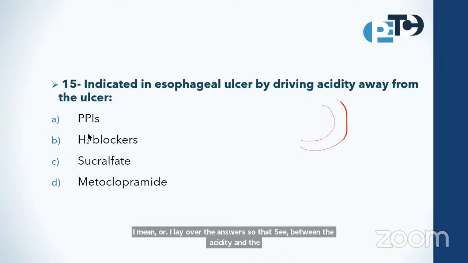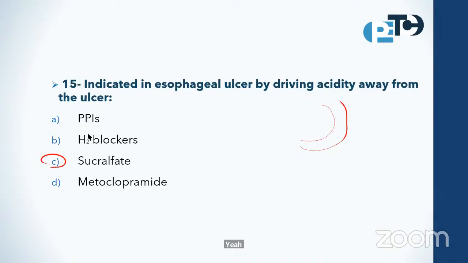It is sucralfate. Sucralfate here will combine with HCl to form a layer. It will interact with HCl to form a layer. This layer will protect against the acidity in the stomach.